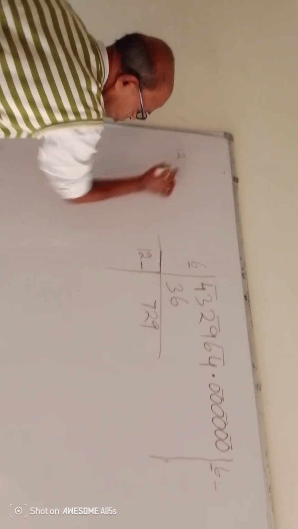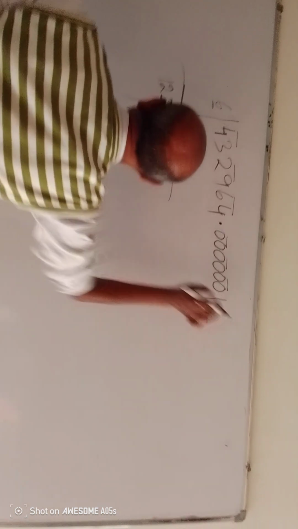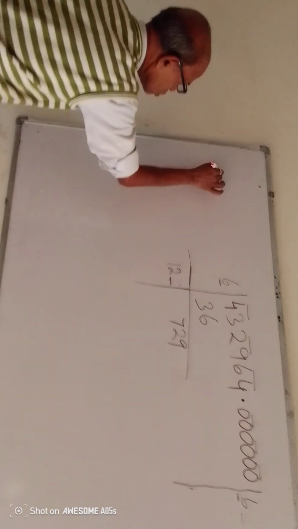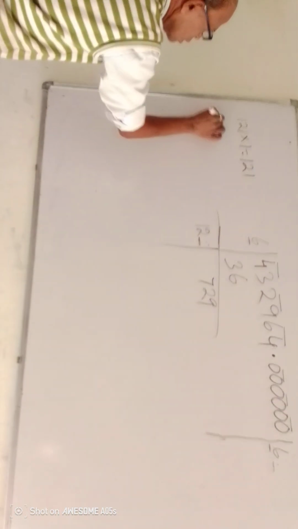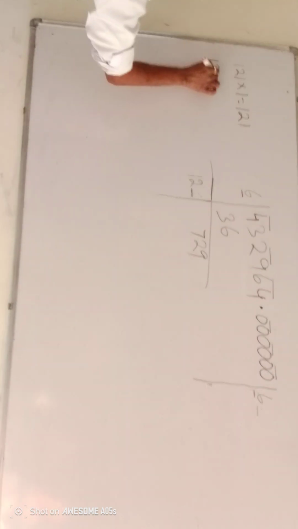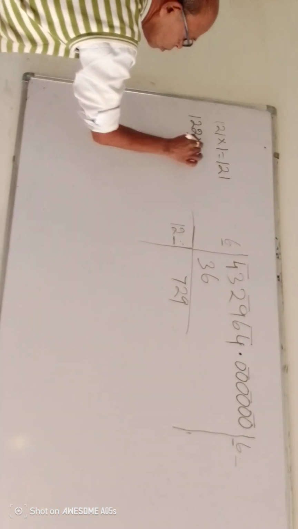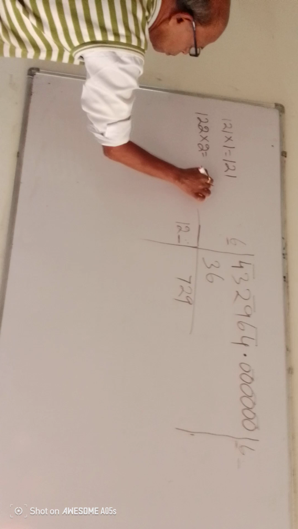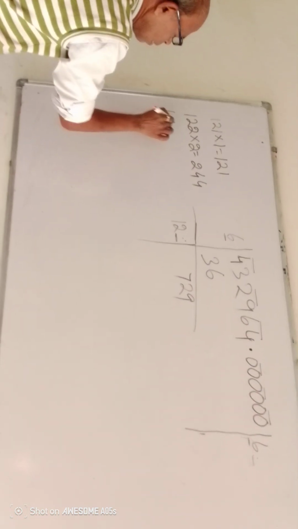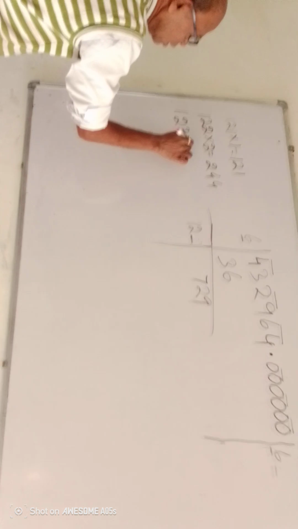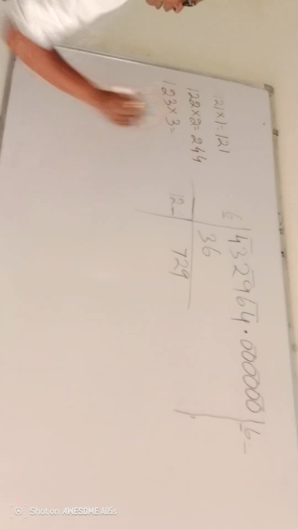If I put here 2, then I have to put 2 here. So you just go on multiplying. This is coming 121. If I write 2 to the right, then I have to put 2 again: 124 into 2 is 248. If I put 3 here, then 3 threes are 9, 3 twos are 6, 369.